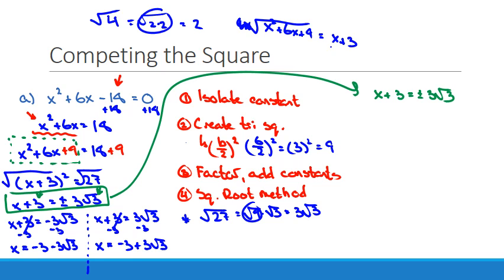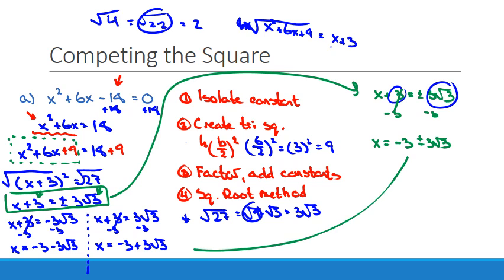And again, if you realize that these terms are not like terms and won't combine, you can just leave the plus minus notation there and get lazy and write negative 3 plus or minus 3 root 3. That means the exact same thing as down here. It means both those answers, just written in one notation. So feel free to use that as well.